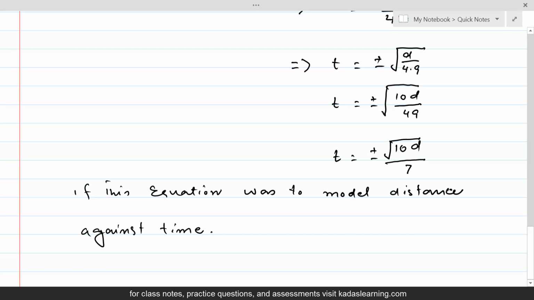If an object is falling freely vertically, then it might be required to find the time against a given distance for the object to fall.